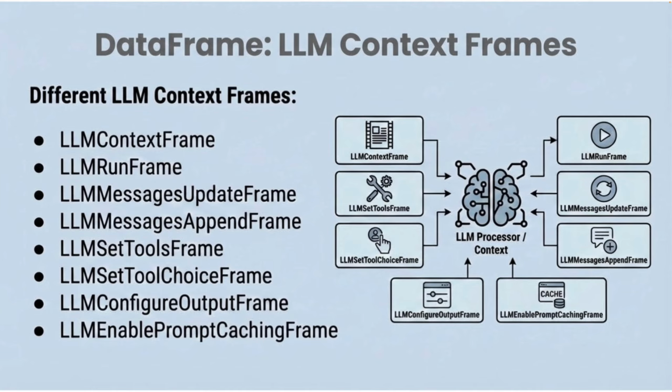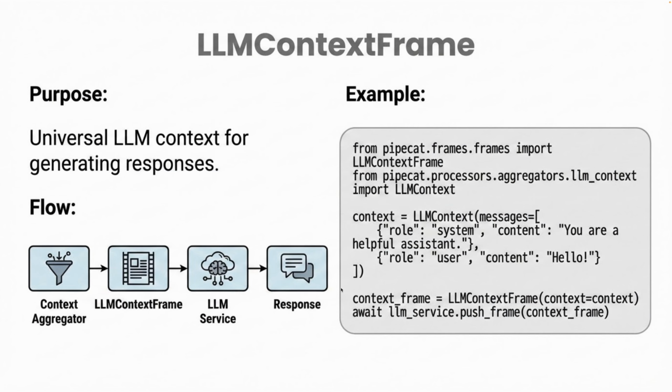So starting with LLM context frame. LLM context frame purpose is universal LLM context for generating responses. So when we have a context aggregator, we will be discussing different processors where we will be having aggregator processors as well. So context aggregator is one of them, which outputs LLM context frame, which is used by LLM service to create the response.